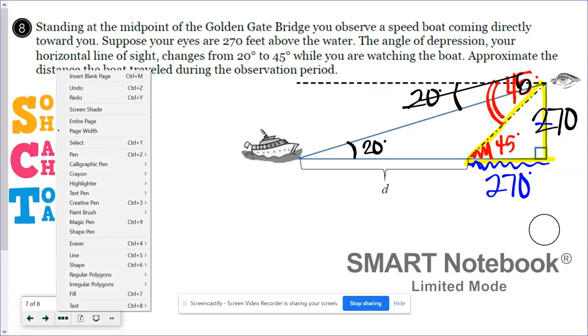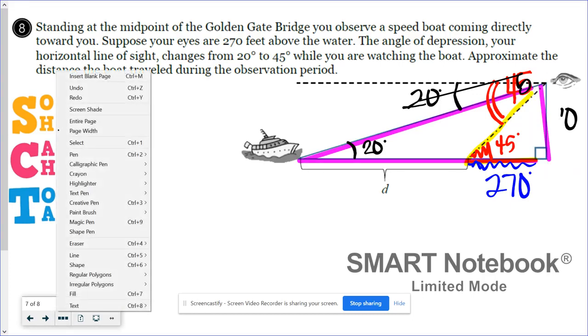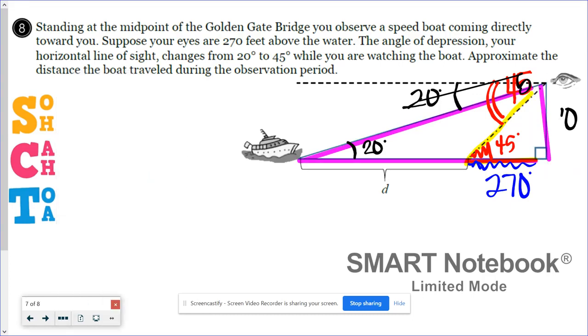Based on what I've been given, and what I haven't found yet, I have this right triangle here, right? And that right triangle shows me I have a right triangle with an angle measuring 20 degrees.